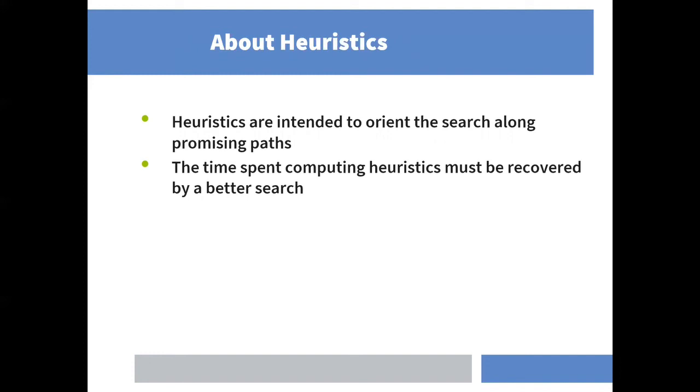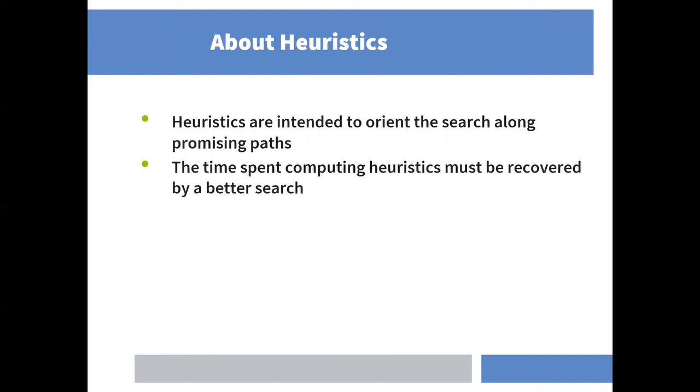So heuristics are intended to orient the search along promising paths. So we have to remember that heuristics should serve as our guide. And the time spent computing the heuristics must be recovered by a better search.